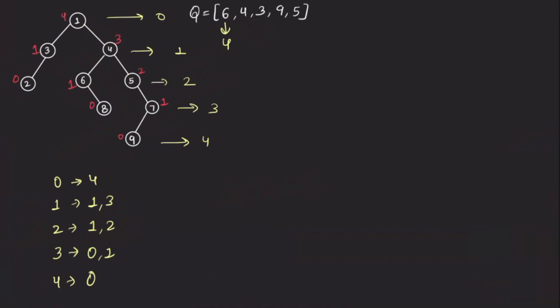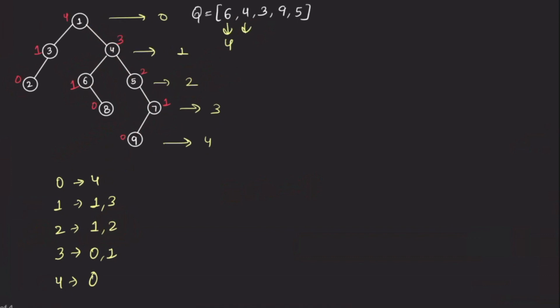Now for 4, how will you check? Node 4 is present at level 1. For level 1, we have the largest height as 3 and the second largest height as 1. The height of 4 is 3, which means we are removing the largest one, so we will consider the second largest, which is 1. The level of 4 is 1, so it will be 1 plus 1, that is 2.